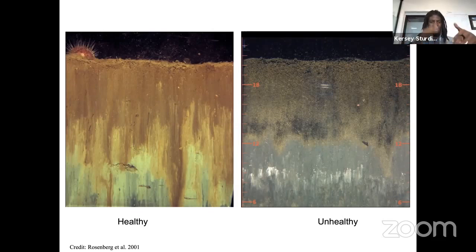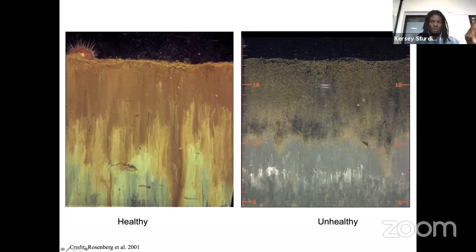You're looking right now at a profile of the seafloor. On the left, we have a healthy seafloor, and on the right, we have an unhealthy seafloor, one that you might see during an ocean dead zone. Healthy seafloors are primarily this rust red-brown color that you see extending deep beneath the seafloor surface. At the top of this image, we have the seafloor surface, or the sediment, and then the water column, or the ocean, and then going down away from the seafloor surface this way.